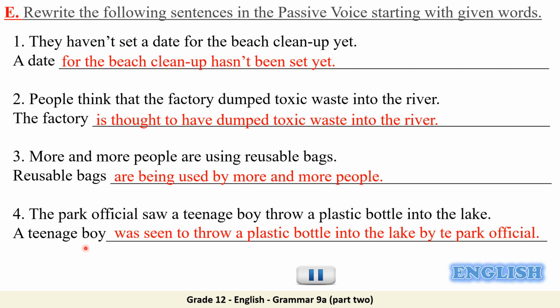No problem. Check the introductory verb. It is past simple, so it is was or were plus seen plus the pp. A teenage boy was seen. Very good. Check the main verb, throw. So it is to throw, because it is not past perfect and not present perfect. It is simply present simple tense.